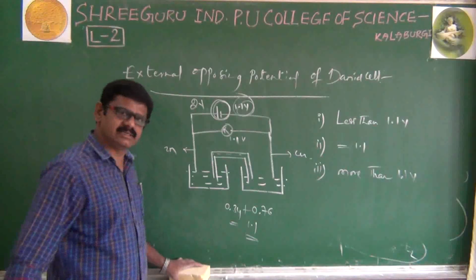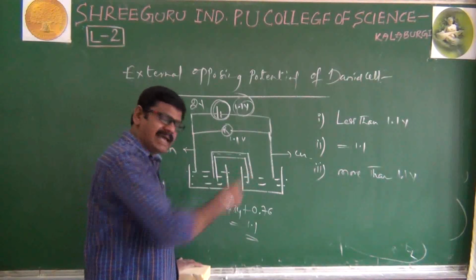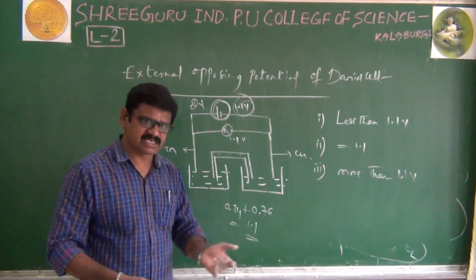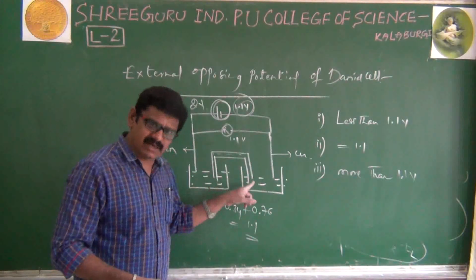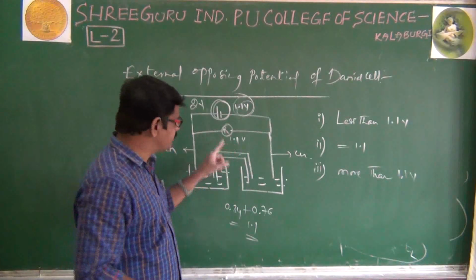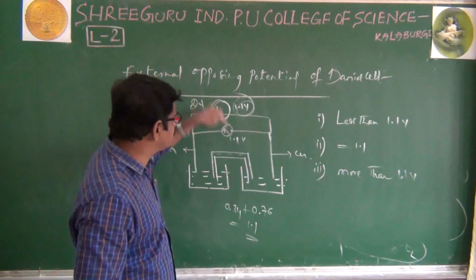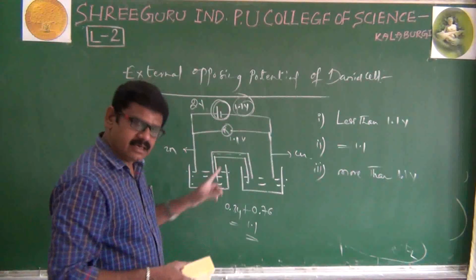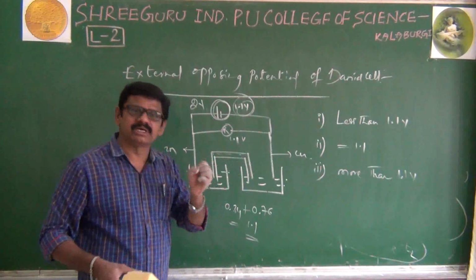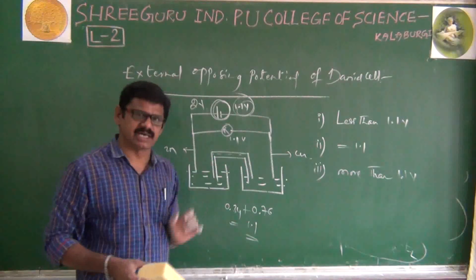Now here this Daniell cell completely becomes reversed. Actually, what is the role of a Daniell cell? Daniell cell has to produce current. But if you send more than 1.1 volts into this Daniell cell, instead of producing current, it will consume current. It will use current.